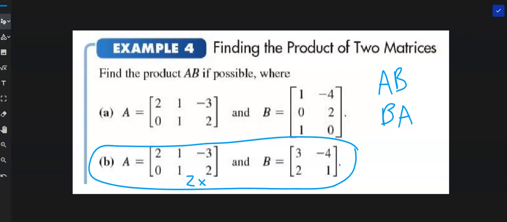This is a 2 by 3, and this is a 2 by 2. So several of you are saying no. That is correct. AB does not exist for that example because of the inside number rule. Okay? Does BA exist? That's true. We could switch it around. Now, what does that prove?